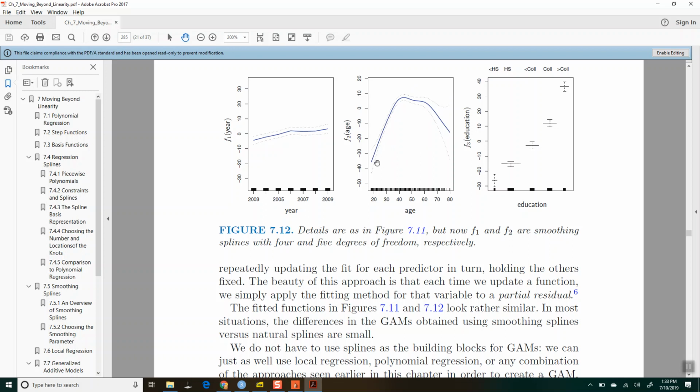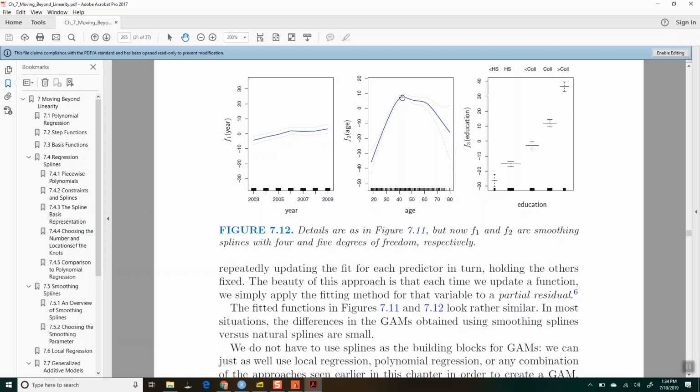As people go from 20 to 40 years of age, we expect their wages to go up and up and up. And once they hit around 40 years, we expect their wages to plateau. They've reached the peak of their career and they're not going to get any better. And then once you go past 60, your wages go down because either you've retired or you're working some kind of junky job or something.